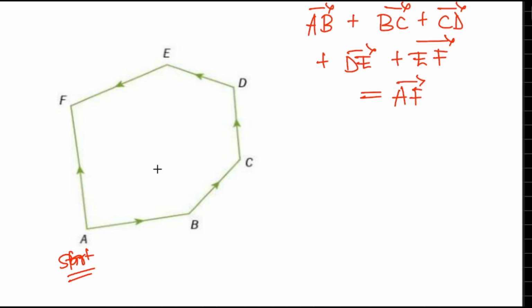Remember, it is not FA. You have to come to the back of the arrow. Consider the arrow whenever you are moving. So the resultant, if you add all the vectors together from A to F, is AF.